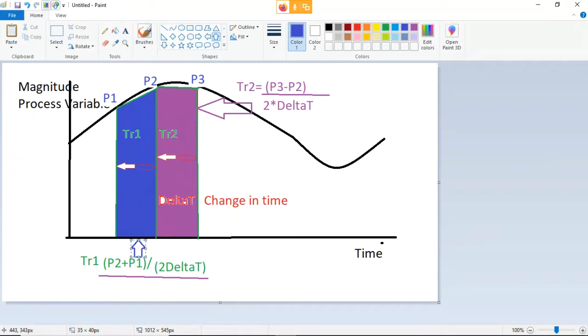But we need to do this with an equation such that the equation is constantly being updated.